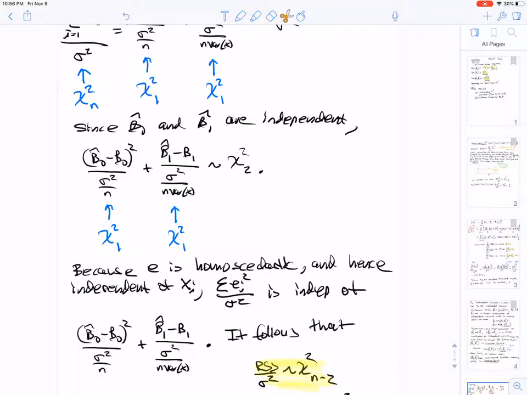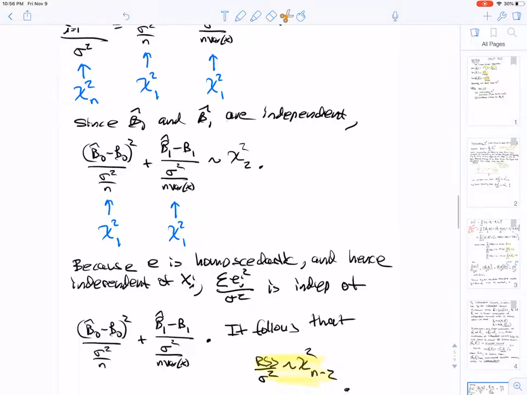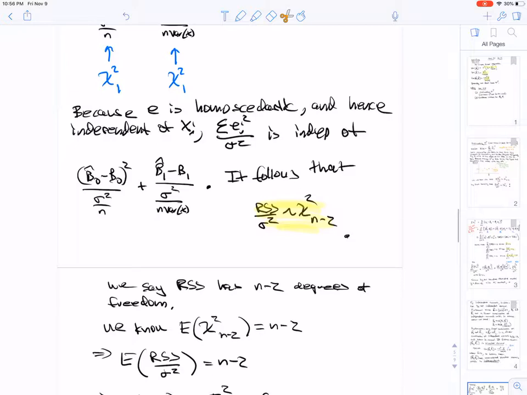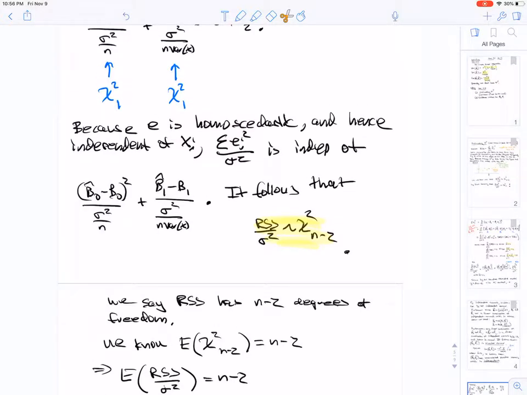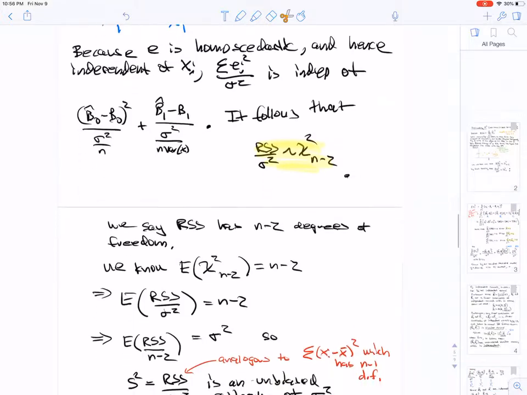So the chi-squared with n degrees of freedom is independent of the chi-squared with 2 degrees of freedom. Hence the residual sum of squares over sigma squared is a chi-squared with n minus 2 degrees of freedom, and we say that the residual sum of squares has n minus 2 degrees of freedom.